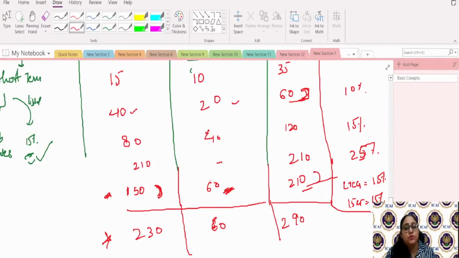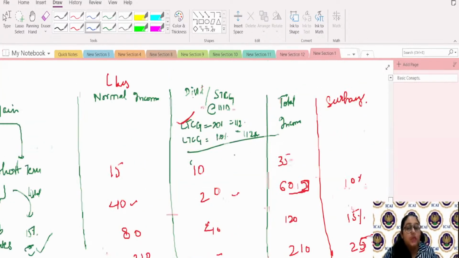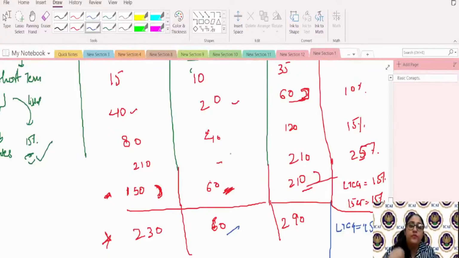Now students, focus here. What will the surcharge rate be? On this LTCG 60 lakhs, there is 20% tax and 15% surcharge, because here they have fixed the rate that on this special rate income, more than 15% surcharge would not be applicable. So this is 15.